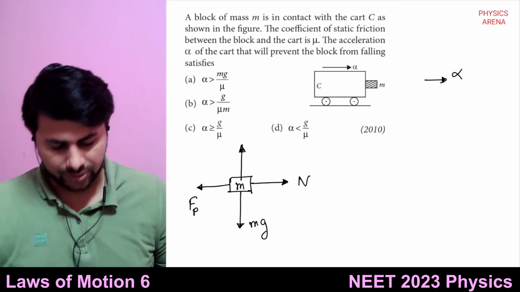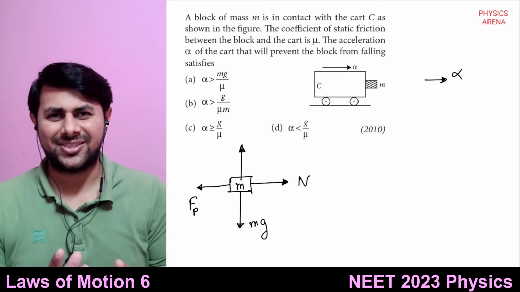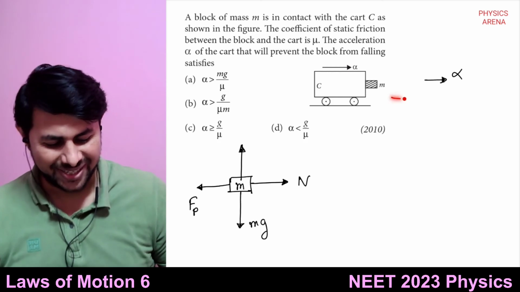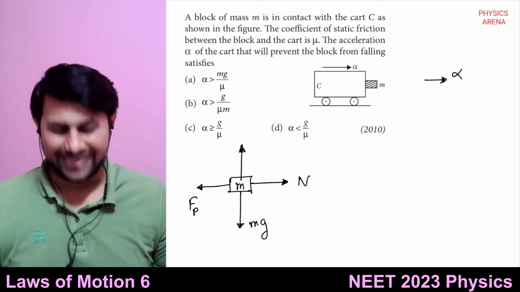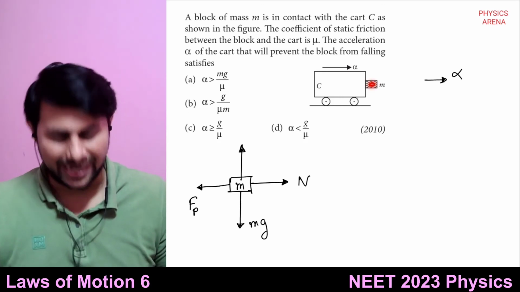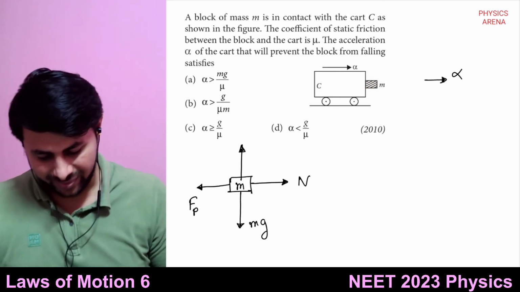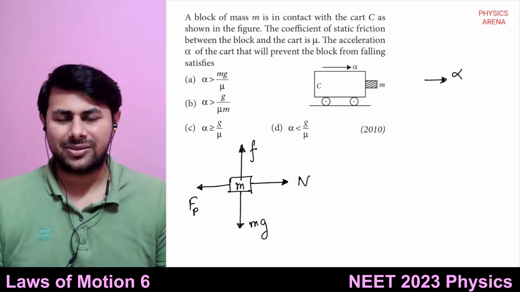So this observer says, I am not accelerating, I am at rest. I am not accelerating towards right, the world is accelerating towards left. That's the perception of the observer who is riding along with the block. Got it? Yes, no? So frictional force is upwards.